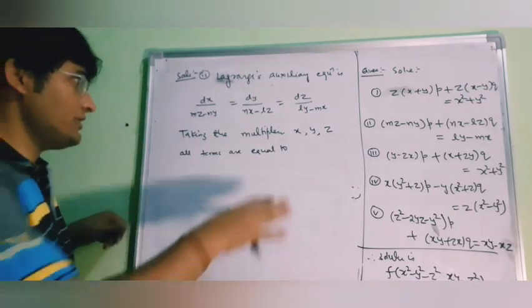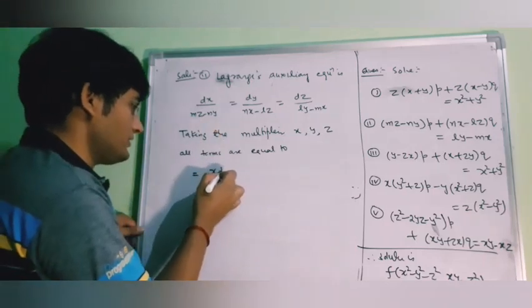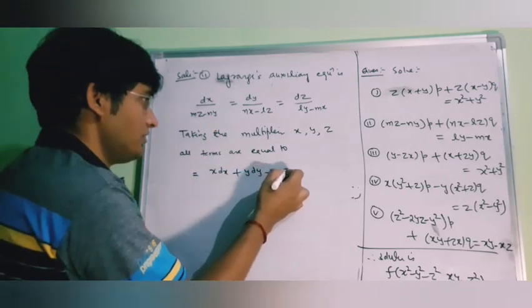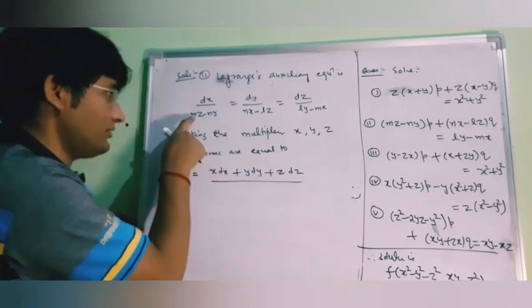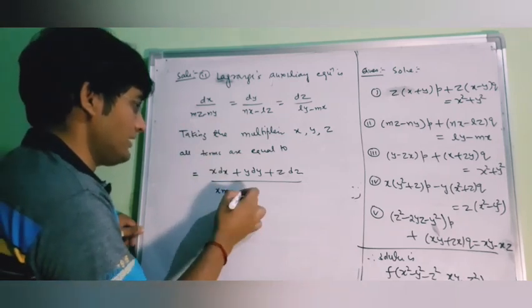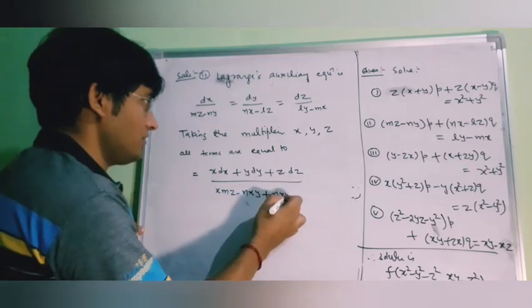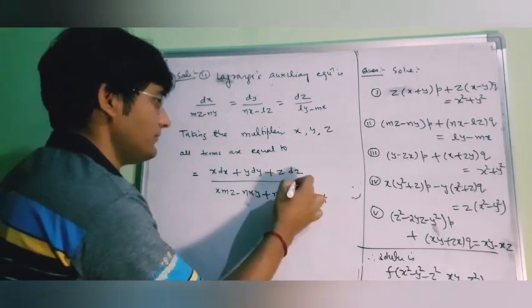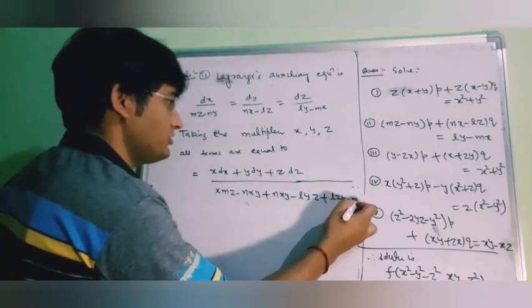So now suppose that these are the multipliers, then each of these terms will be equal to, let us see what happens. Now this will be z dz. Now in the denominator we will have, the first term will be xmz minus nxy, the second term will be nxy minus nyz, and the third term will be lzy minus mzx.